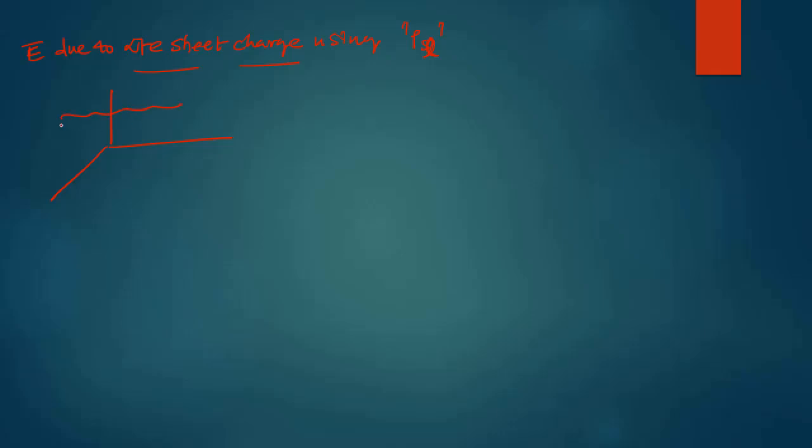So here I am taking one sheet. Now I am taking the x-axis, y-axis, z-axis. The sheet is on the yz plane now. You can take anything, I am just changing.